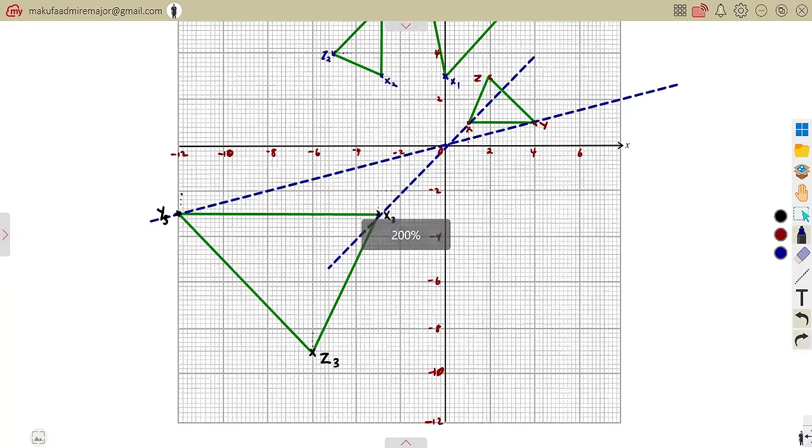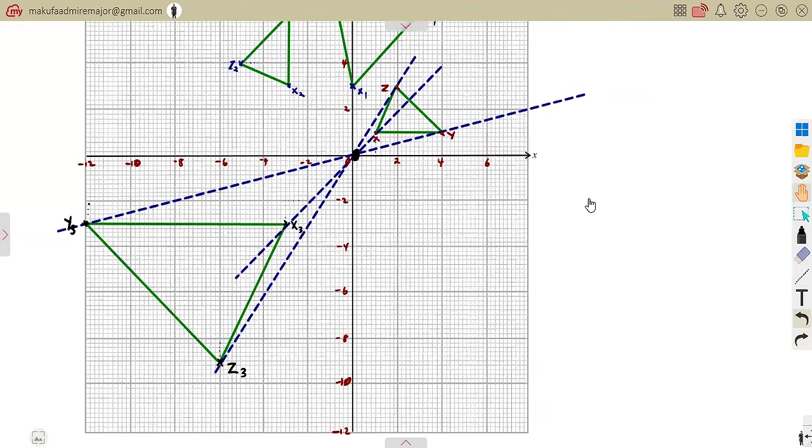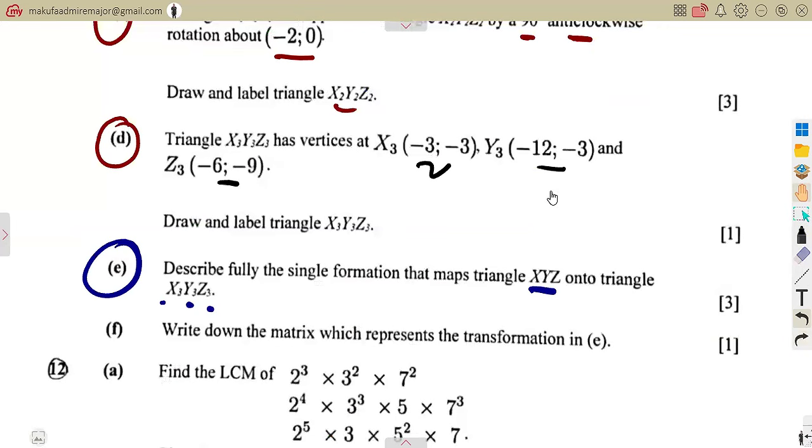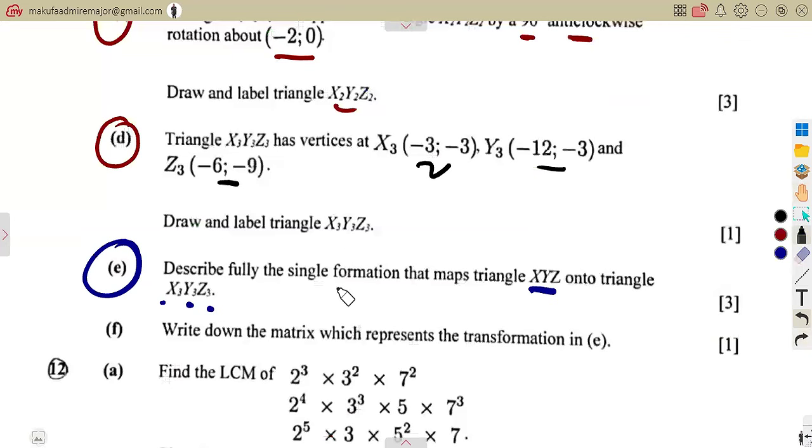This z here that you're seeing, you connect it to the z3. So all these points that you are joining, z to z3, this one to this one, they meet at a certain point. Where they meet, that is the center of the enlargement. Already by joining these points, you were knowing that it's an enlargement.